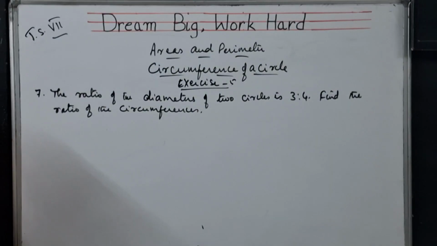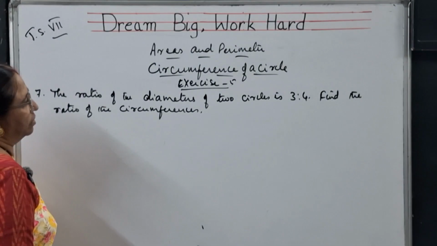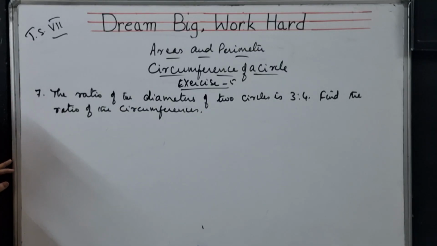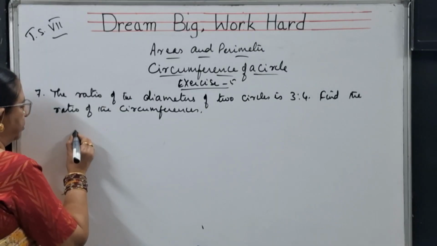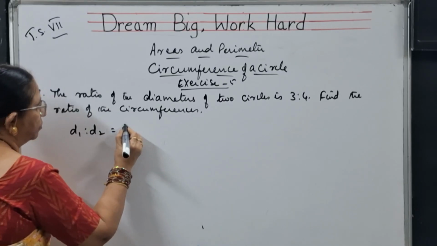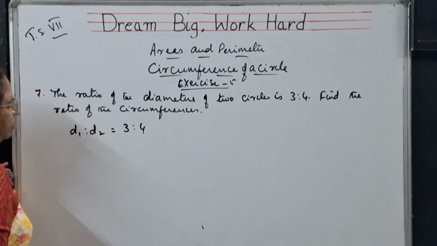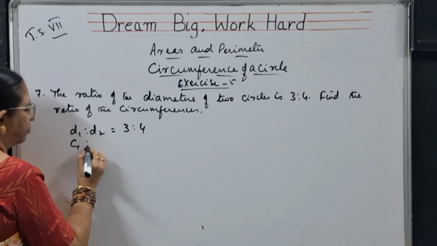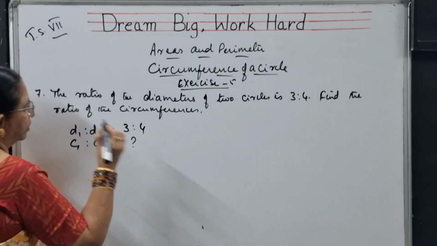Seventh problem. The ratio of diameters of the two circles is 3:4. Find the ratio of circumference. That means D1 is to D2, diameter 1 is to diameter 2 is 3:4. Now they are asking C1 is to C2, the ratio of circumference.